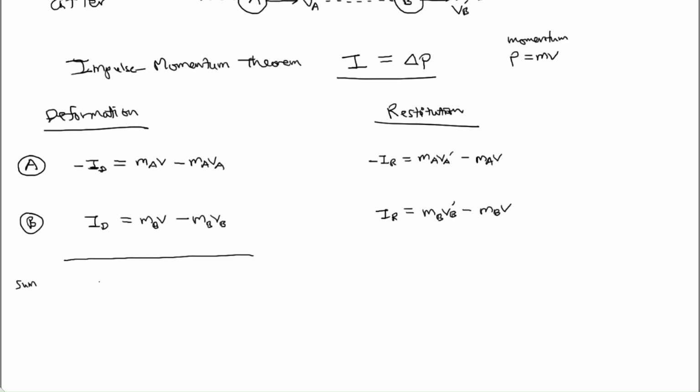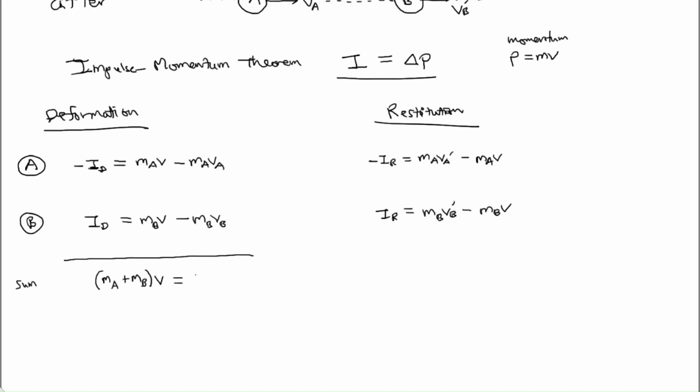And I'll simplify things by combining a couple of steps. At the end of this deformation phase, both objects have a common velocity, so we can factor the velocity out.